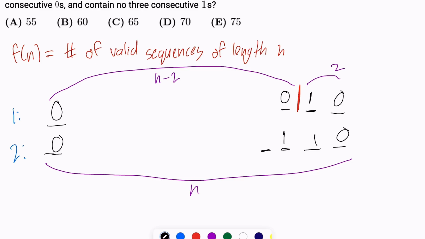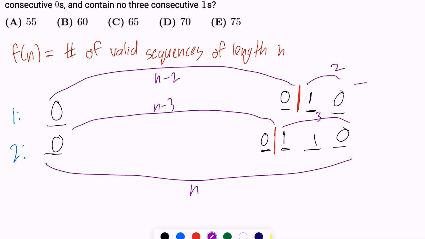We know it cannot be a 1, as we cannot have 3 consecutive ones as stated by the problem, so this has to be a 0. And now we can apply the same thing. We'll split it. This is a sequence of length n minus 3. This is 3. So this is basically having a valid sequence of length n minus 3, and then add a 1, 1, 0 at the end.